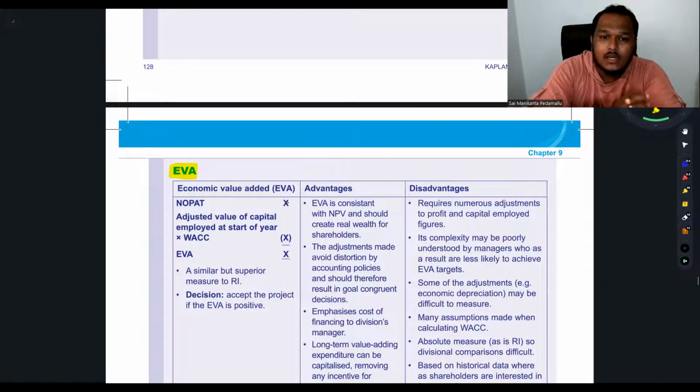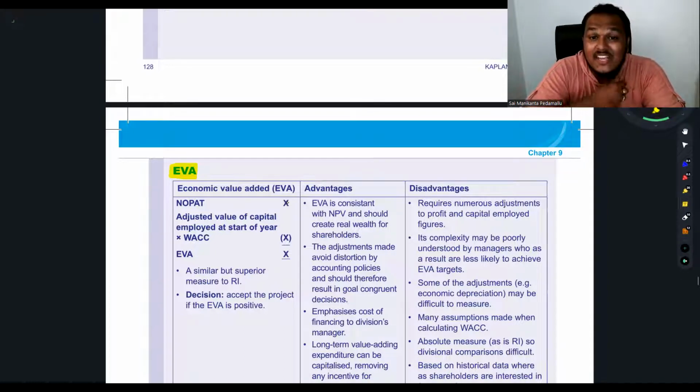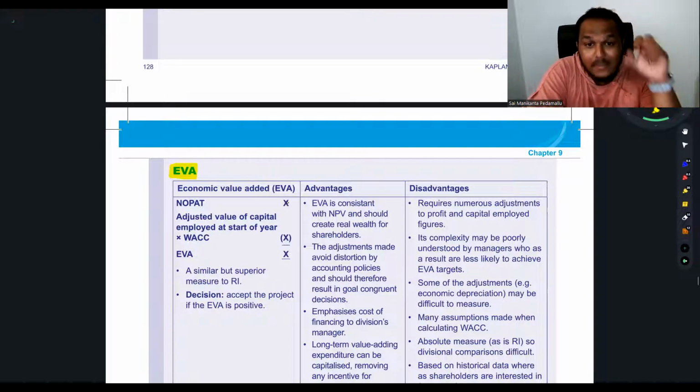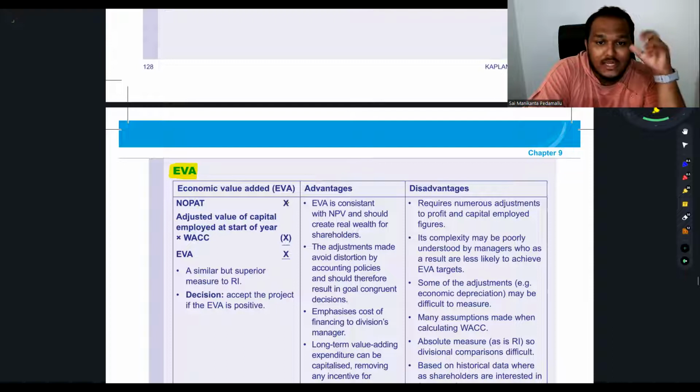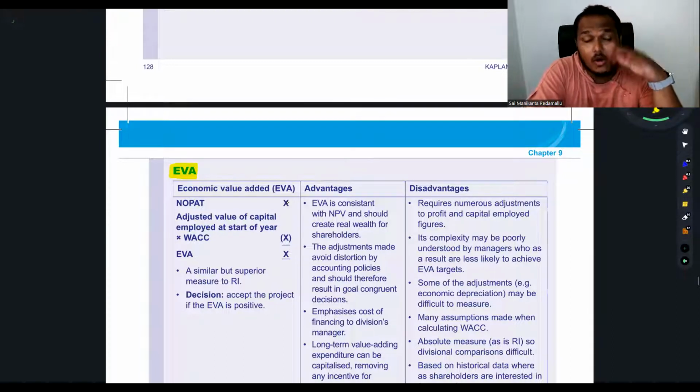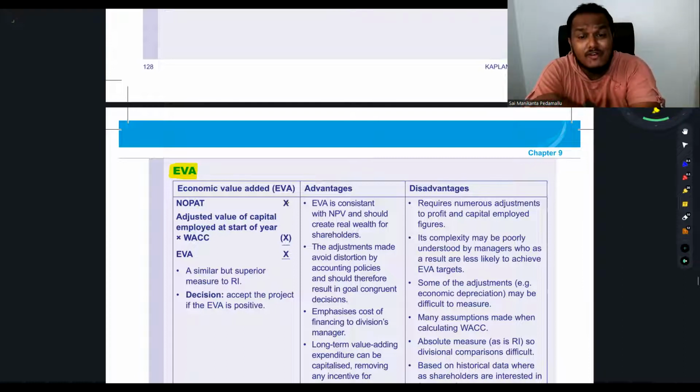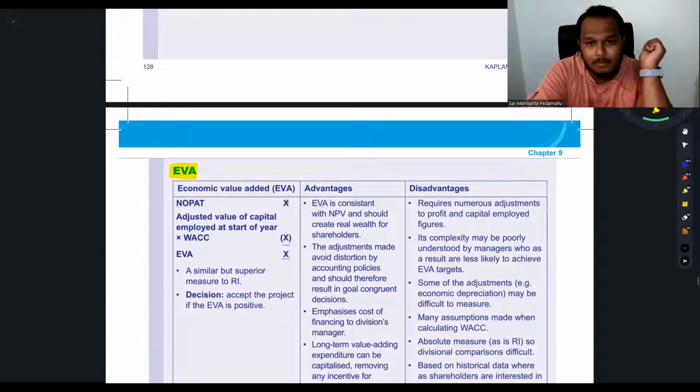Is the concept clear now? What exactly is EVA trying to do? It is trying to pick the flaws in the profit that you calculated as per accounting rules, and make it more meaningful or reasonable, so that you can use that value as a measure of performance of the company.